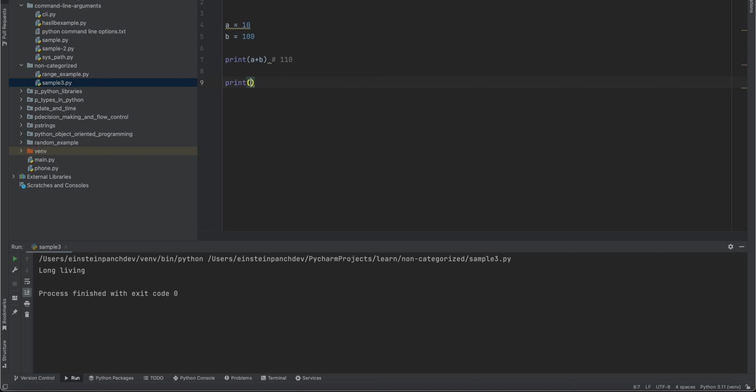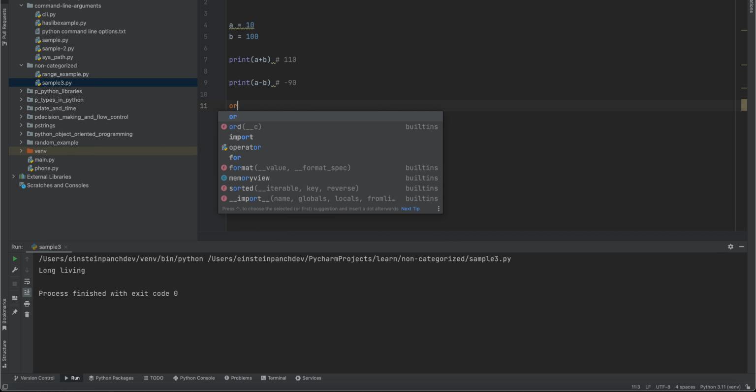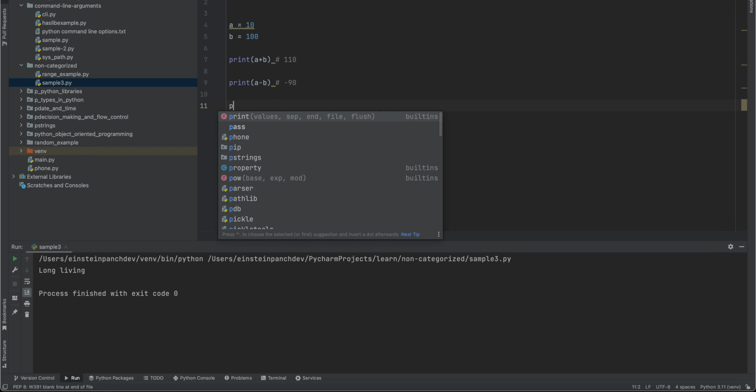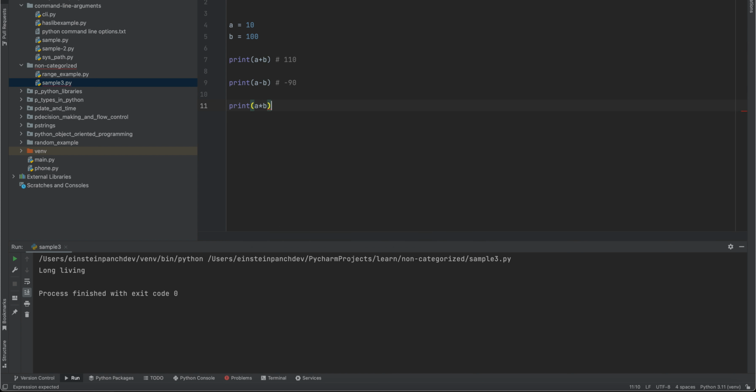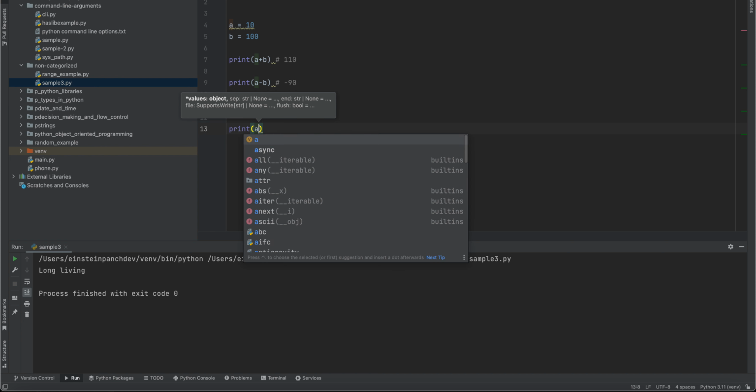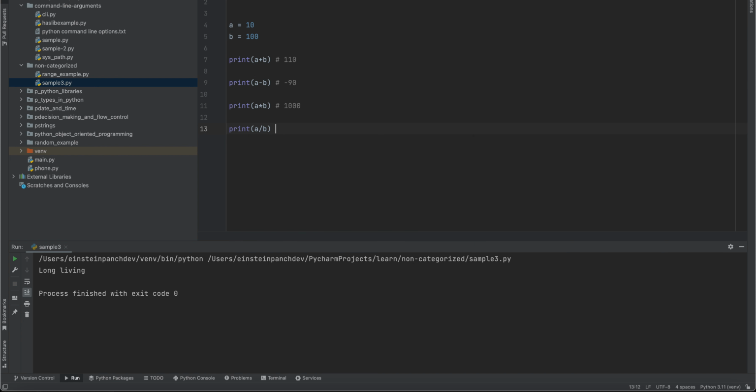Print a minus b should print minus 90. Print a times b should print 1000. Print a divided by b should print 0.1.